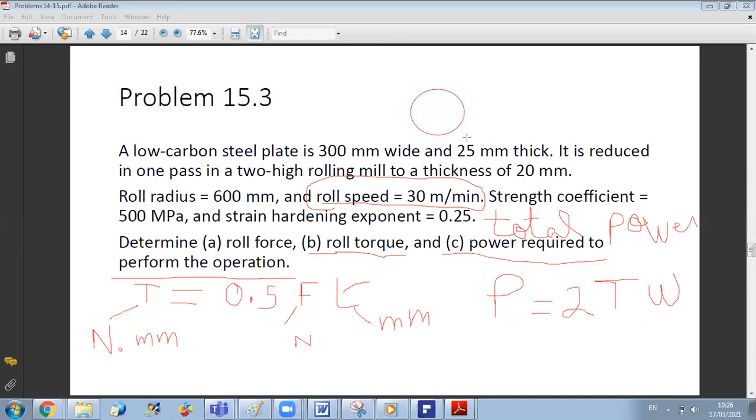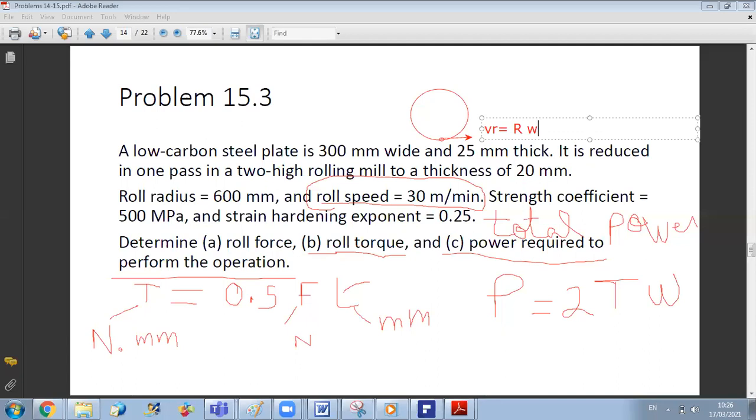This is your roll. We said that VR represents the linear velocity at this point. So to get VR as a function of omega, I say that VR is equal to the radius of my roll times the angular velocity omega.